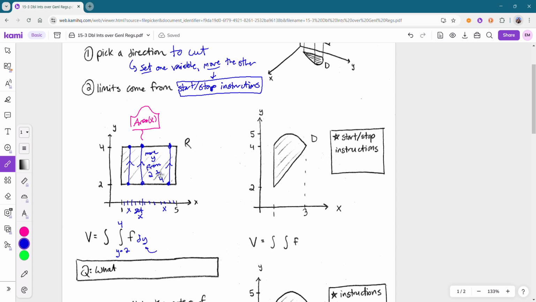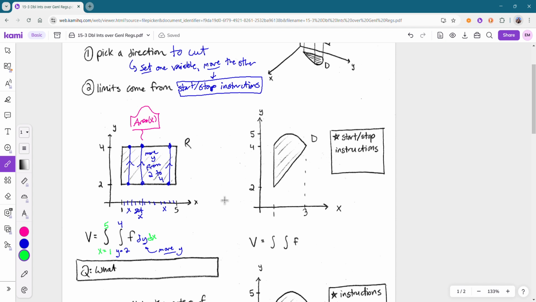All right, so this came from how we were moving y, always from 2 to 4. And then the outside limits for x were 1 to 5. And I claim that that came from the fact that we were always cutting using x's starting at 1 and then up through 5.